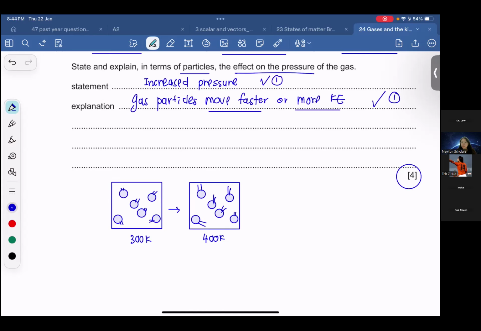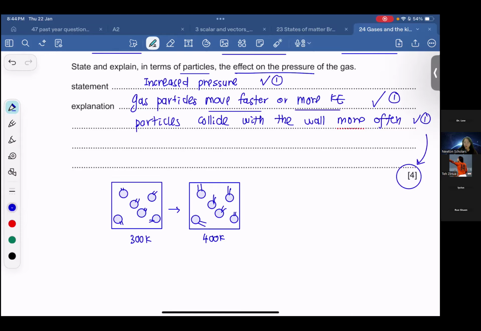Then just now, Angeline and Emily both mentioned that particles collide with the wall more often. Yes, 3rd mark. But we always answer by referring to the mark allocation, which here is 4 marks.